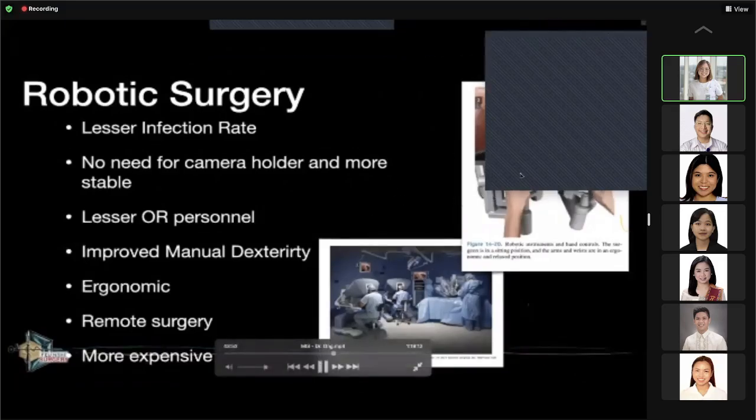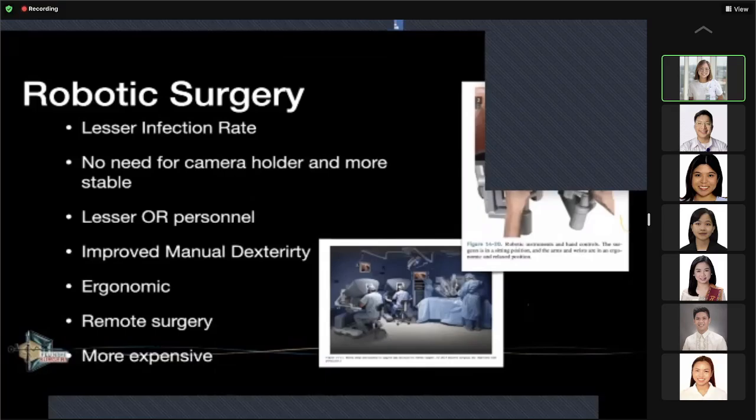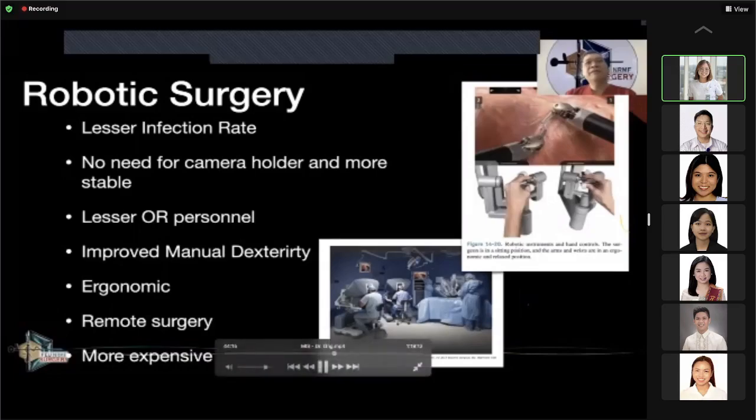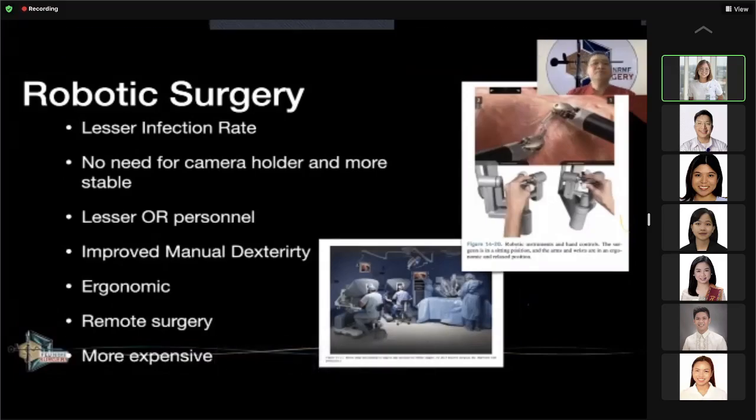Meaning you have a better posture, you can do anything because the robotic arm can rotate 360 degrees in a different position. So the only problem with this is it's really expensive. And the one advantage is you can do remote surgery, meaning if you are not in the operating theater, you're somewhere else, you can control the robot.